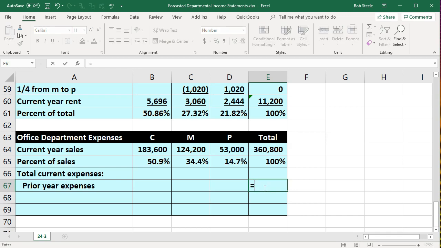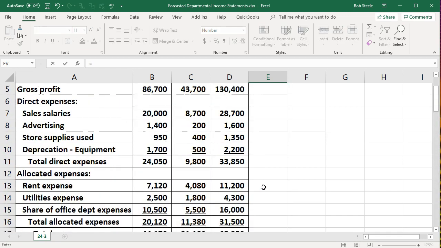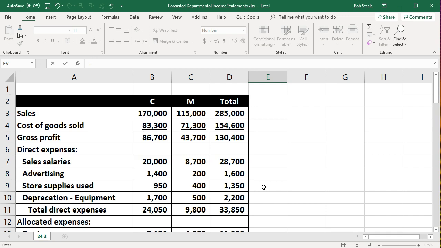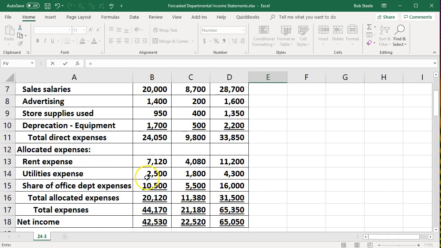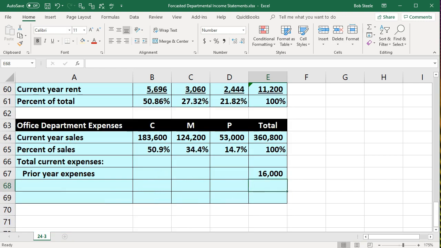I'm going to say this equals, and scroll back up, and we're looking for the total for the utilities. So I'm just going to pick up the total amount, which is the 4,000, the share of office department expenses, which is 16,000. So 16,000 and enter. And then we have the projected increase.